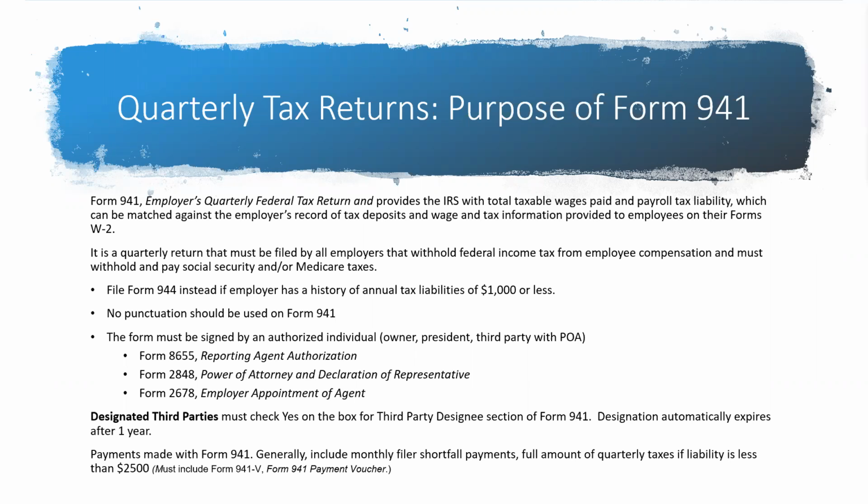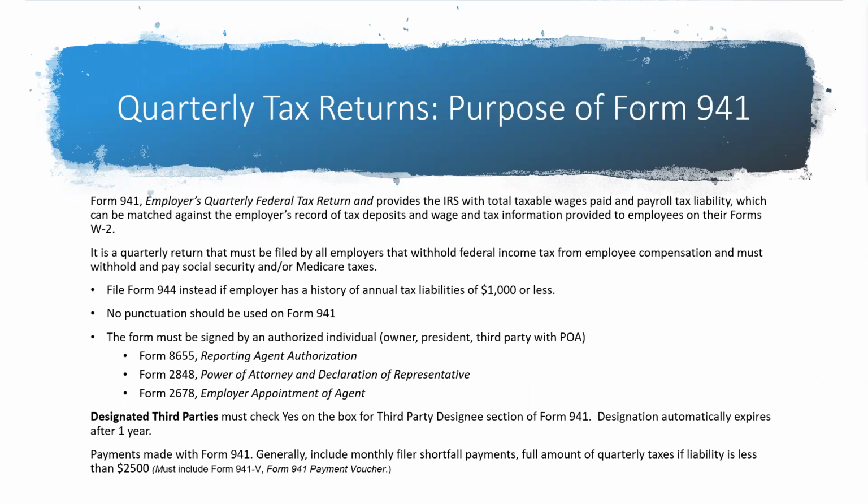If someone else is filing the return and signing the return, they must have power of attorney present in order to be able to sign that return. If you're a designated third party, you must check the yes box on the Form 941, saying that you were the third party designee and that you completed and filed the form.